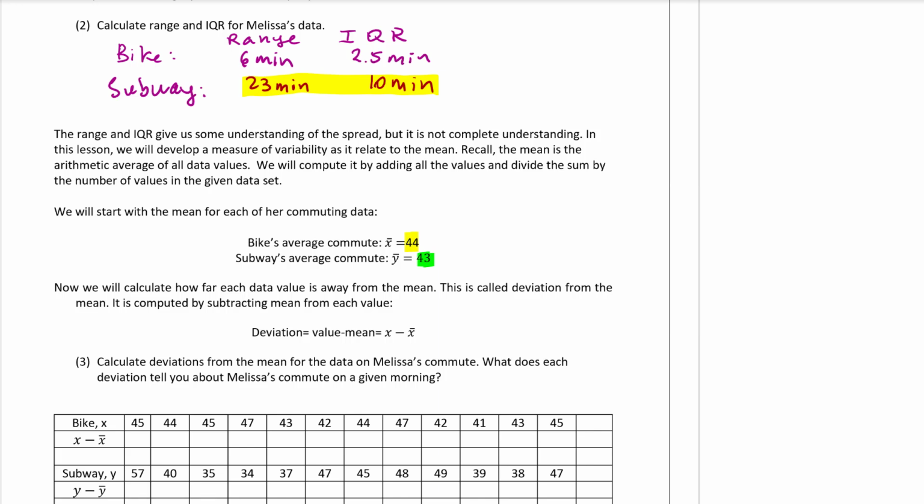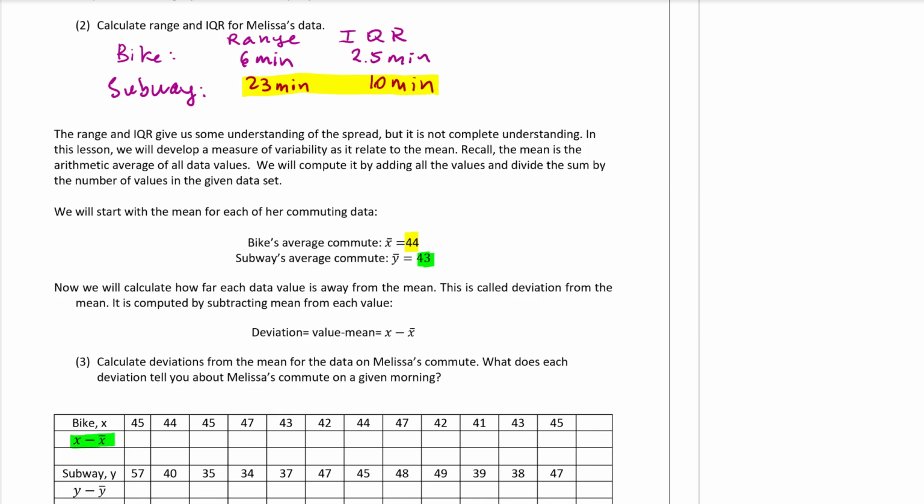However, you see the average does not give us the full picture. So we're going to calculate, and listen to this carefully, how far each data value is away from the mean. This is called a deviation from the mean, and this is what we're going to be denoting.